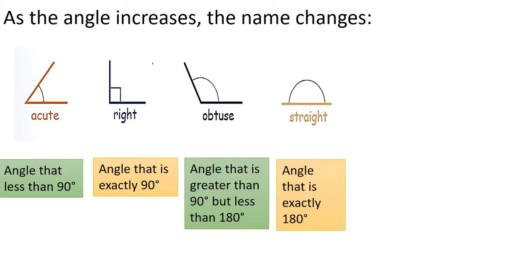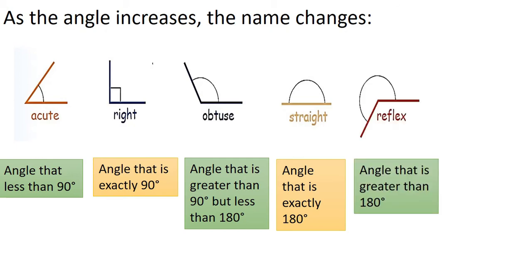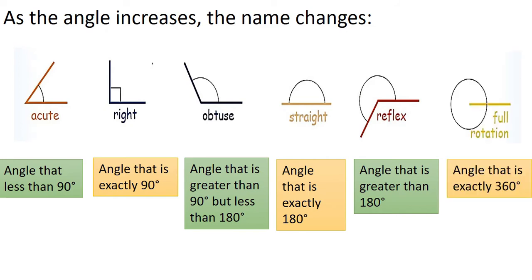This is exactly 180 degrees and it's called a straight angle. This is a reflex angle, an angle that is greater than 180 degrees. And lastly, this angle is exactly 360 degrees and it's called a full rotation angle.